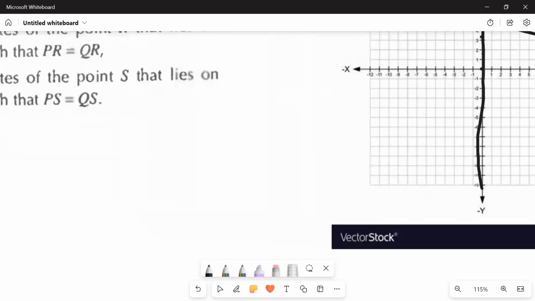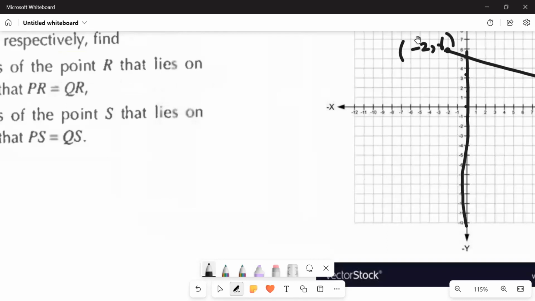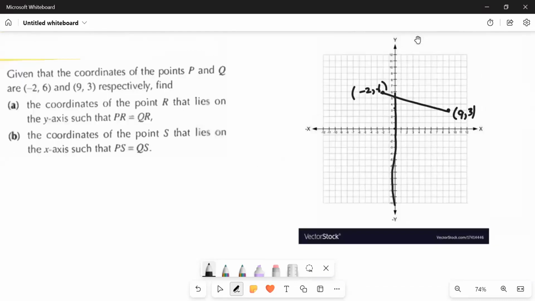So now we will consider the point. Let point R be on the y-axis, so that's why we are using 0 and y, because on the y-axis all x values are 0.